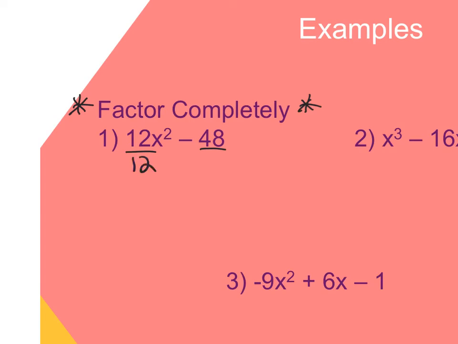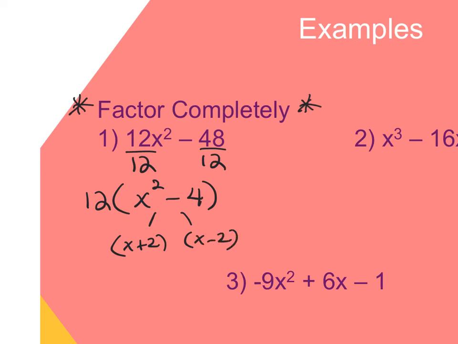This one has a greatest common factor of 12. I'm going to divide both of them by 12. Now notice what remains is now the difference of 2 squares. Now I have to keep factoring, and then this one becomes x plus 2 and x minus 2. Do not forget to write your GCF out front.